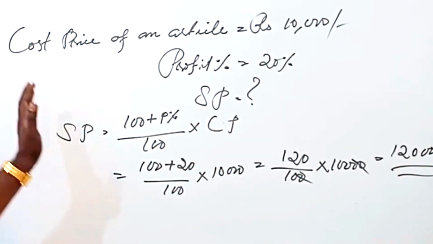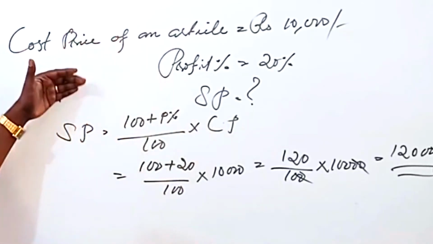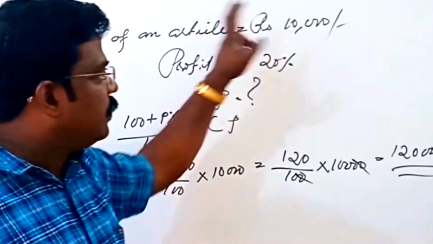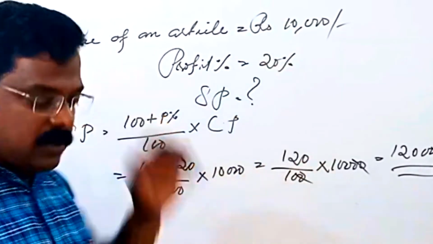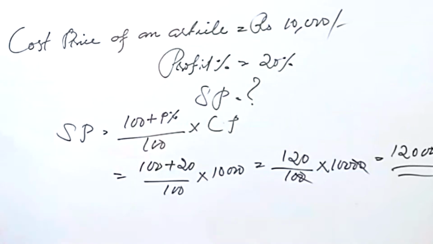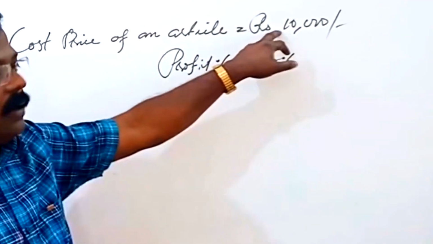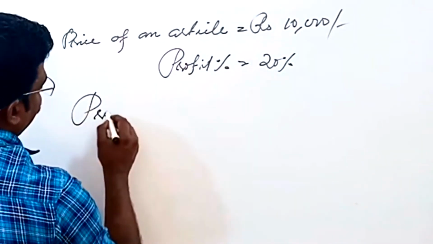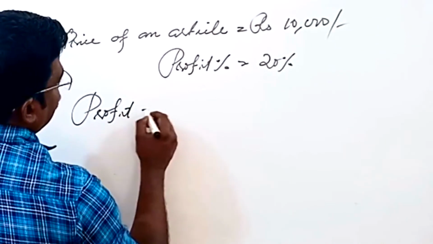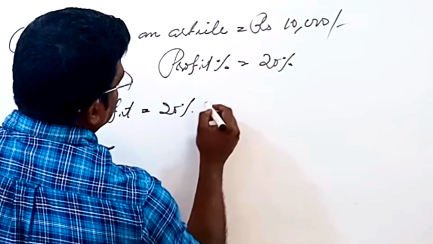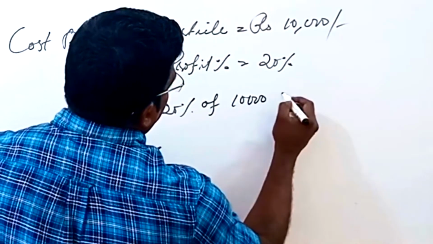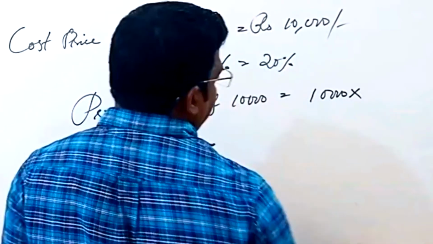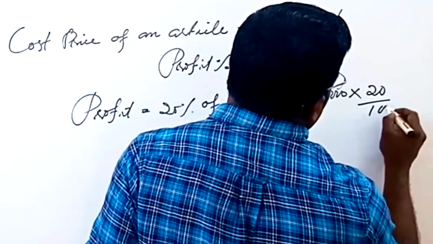So this is the way we can find it. The same way, we can find the profit first, then add that profit to the cost price, and we will get the selling price. That also we can check. Here cost price is 10,000 and profit percentage is 20. Profit equals 20% of 10,000, that equals 10,000 into 20 by 100.